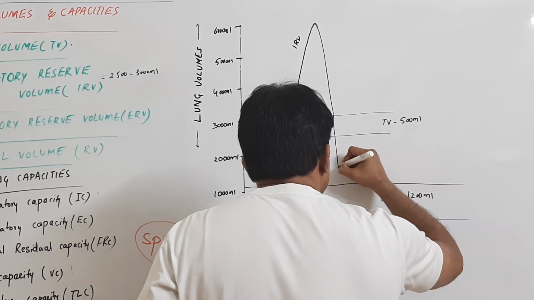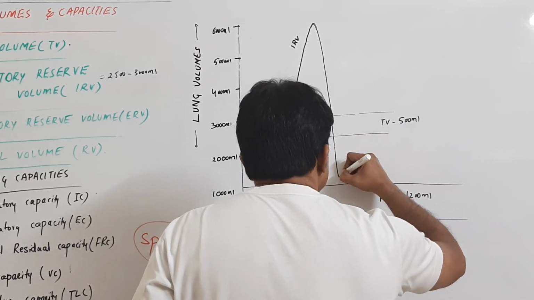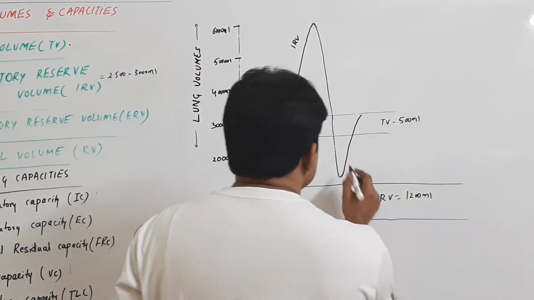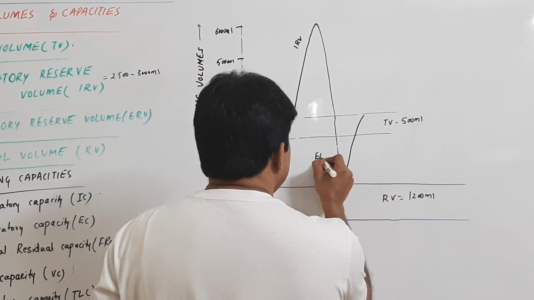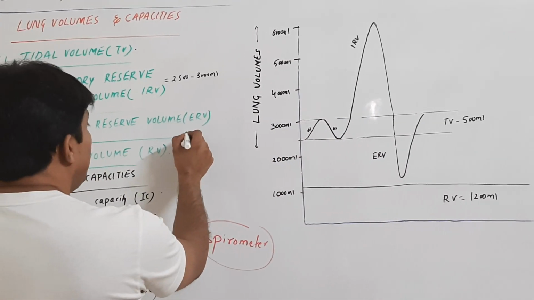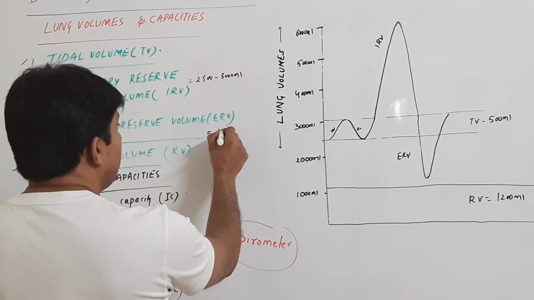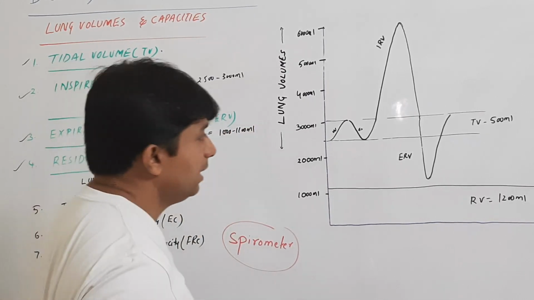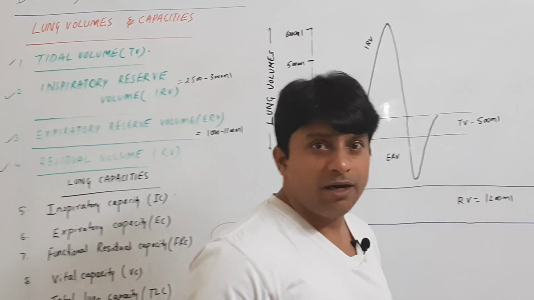This expiratory reserve volume will be approximately 1000 to 1100 ml.